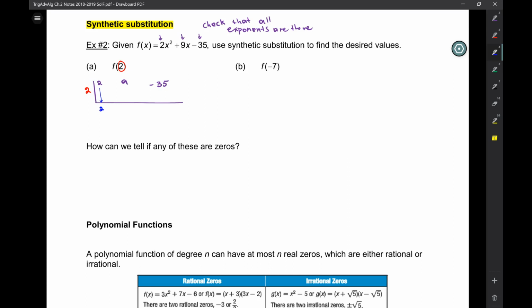So, 2 times 2, that gives you a 4. You add vertically, 13. And now, whatever comes down here gets multiplied by 2, 26. You add this way, you get negative 9.